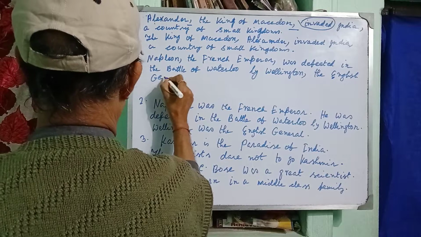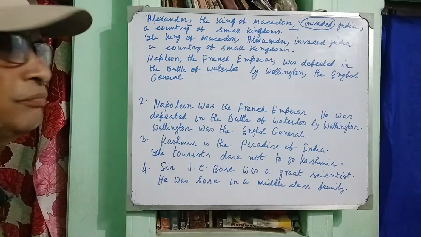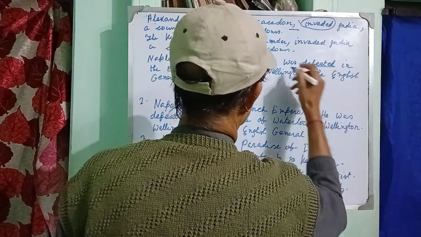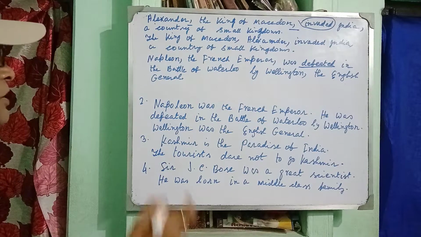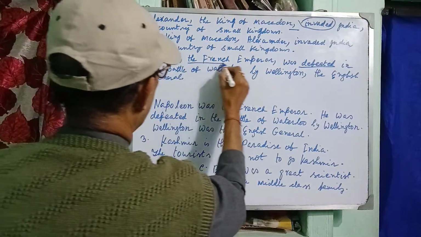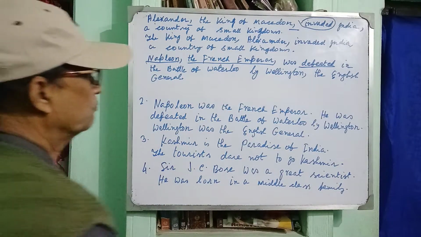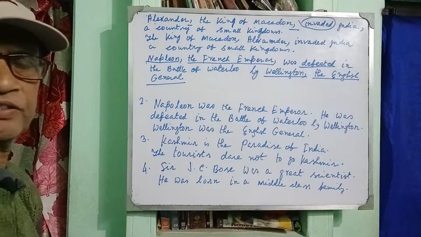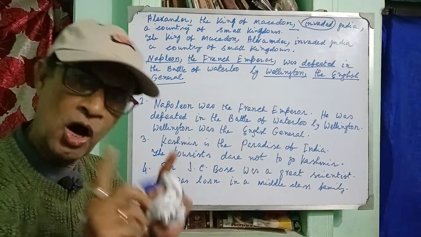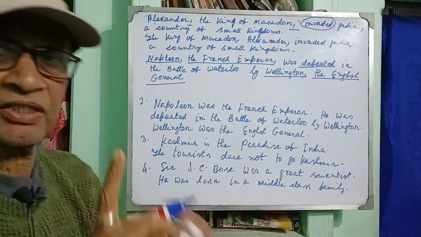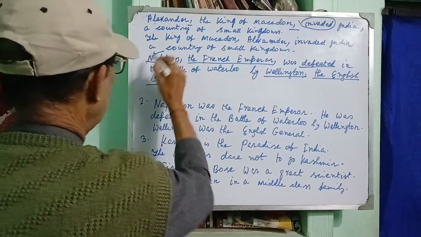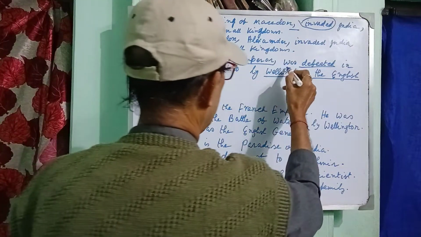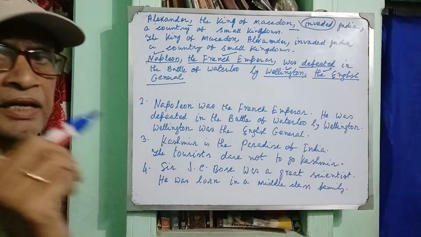You see that there is only one finite verb, defeated, and was is the auxiliary verb. So Napoleon is noun, the French emperor is noun phrase, Wellington is noun, the English general is noun phrase. So the noun and the noun phrase suggest the same person, you see. Napoleon and the French emperor are the same person. Wellington and the English general are the same person. Clear?